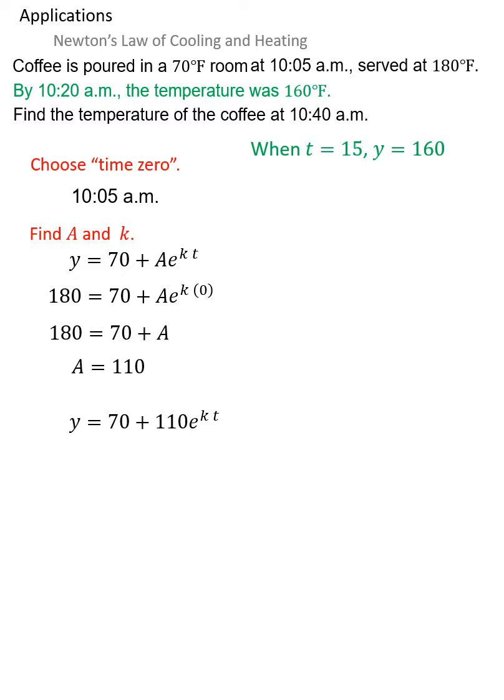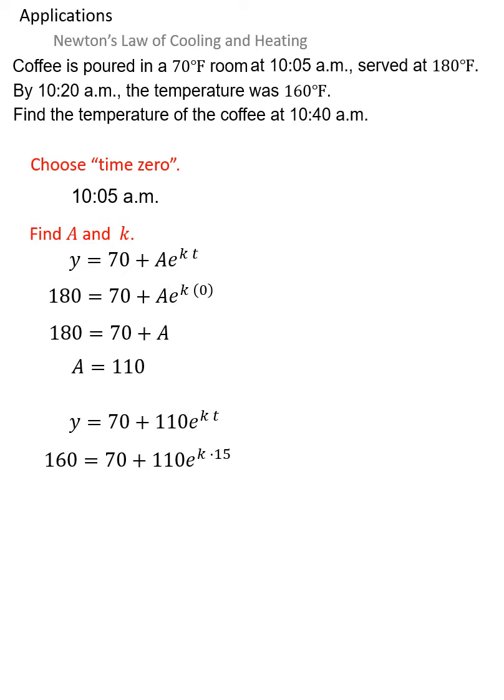So I'm going to say when t is 15, in other words, 15 minutes after the pouring of the coffee, the temperature was 160. I'm going to plug those values in for y and t here. And this will enable me to solve for k, complete my model, and then ultimately answer the question I want to know. Again, referencing video 3 in this series, that will enable us to solve for k here.